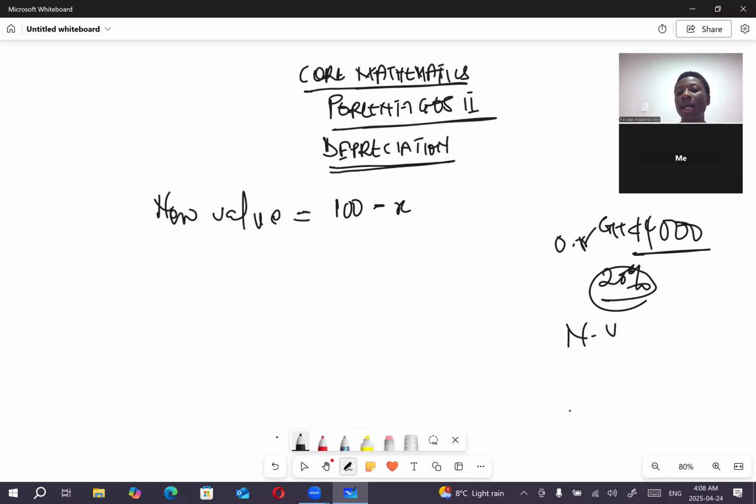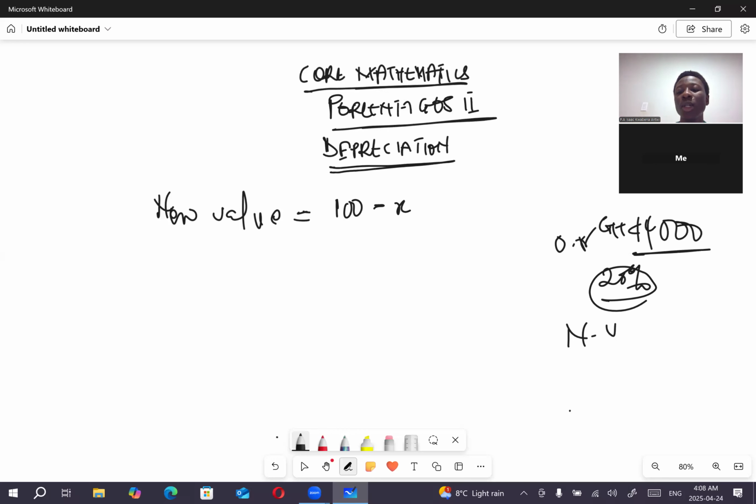Just as you can see, if the cost of the machine is 4,000 Ghana cedis, in percentage it is 100%. We want to know the percentage value of the machine when it has depreciated.